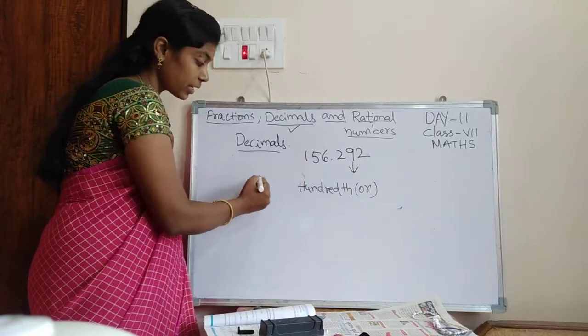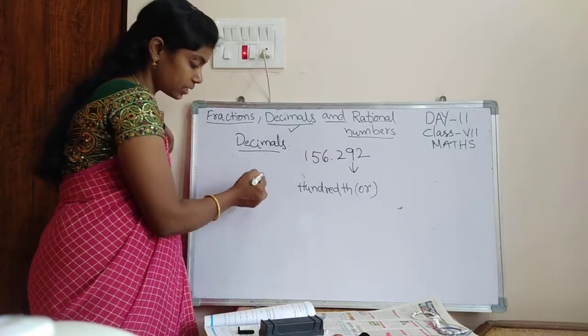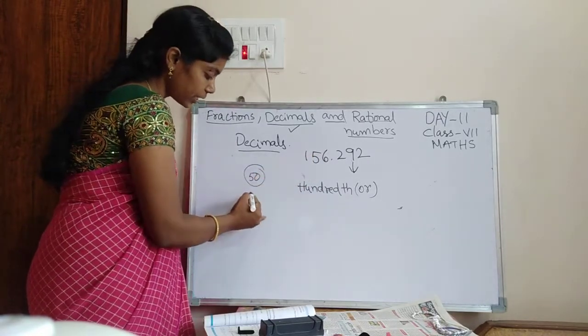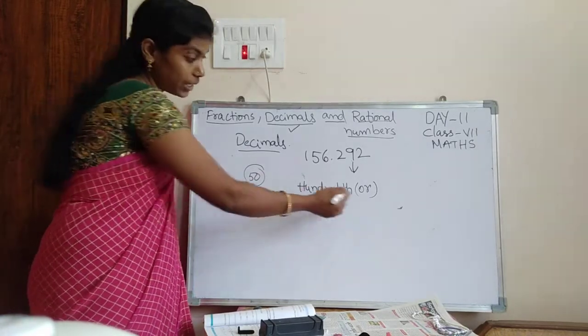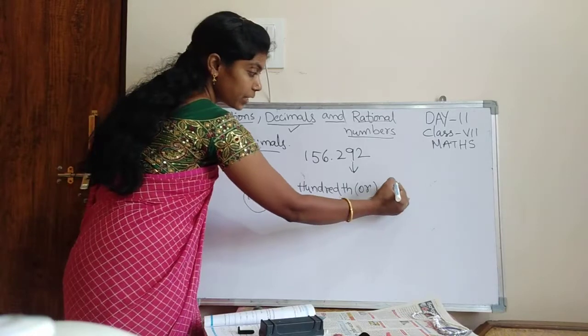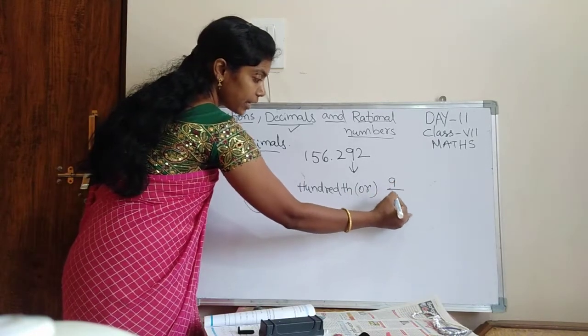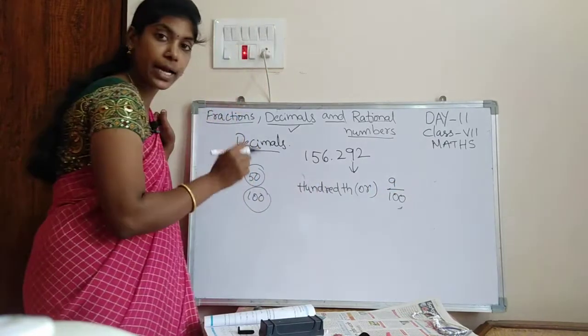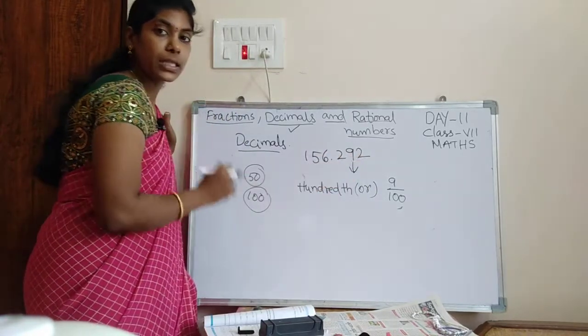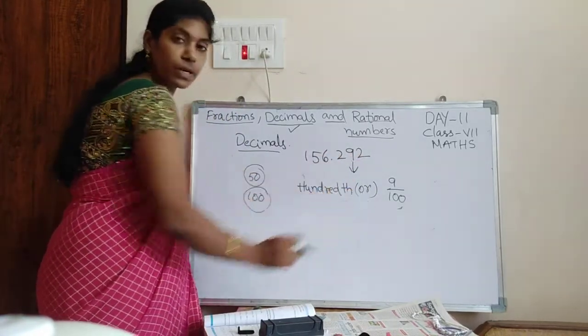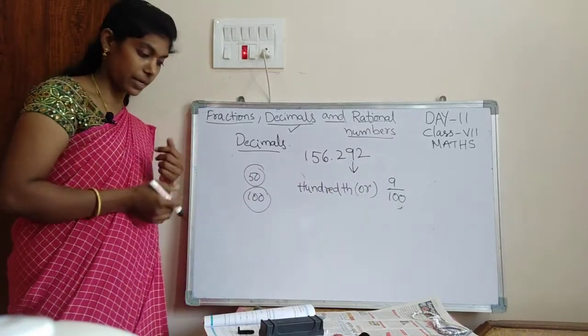If it is 5, I write 50; if it is 1 in the hundreds place, 100. In the same way, here we write 9/100, because this is the 1/100th part, this is the 1/10th part, and this is the 1/1000th part. Like this we write the expanded form and find place values.